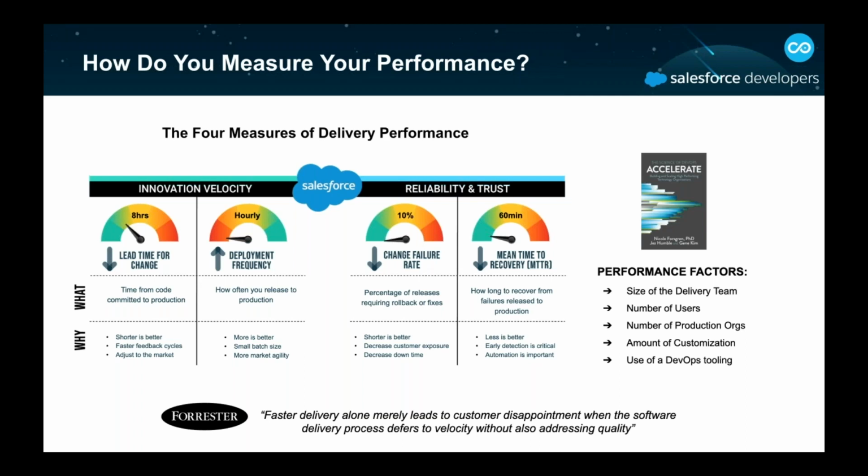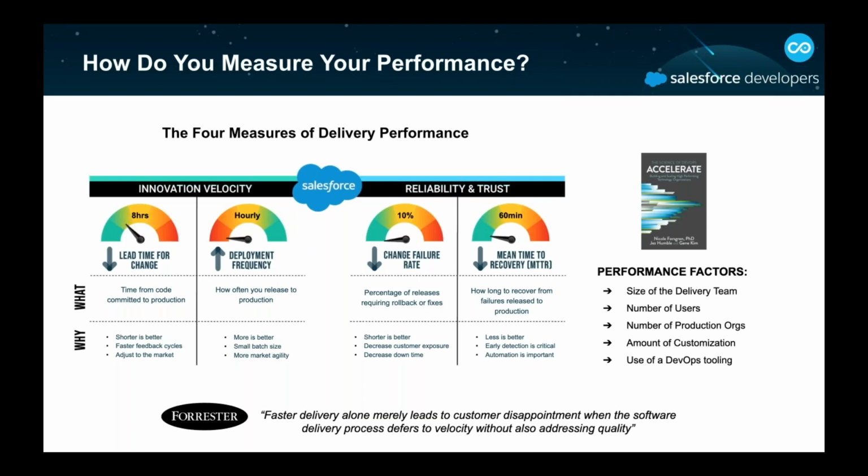And then the second one is, if you do make a change and you've got to fix it, how long is it going to take for you to recover? Overall, all of these are affected by a number of different performance factors, and you can see we're highlighting Accelerate, which is a really good book that was put out by the folks at DORA. They've looked at this for 8 to 10 years and really anchored on these 4 metrics.